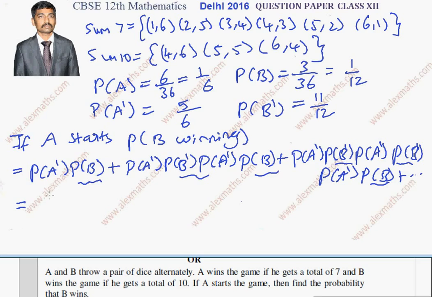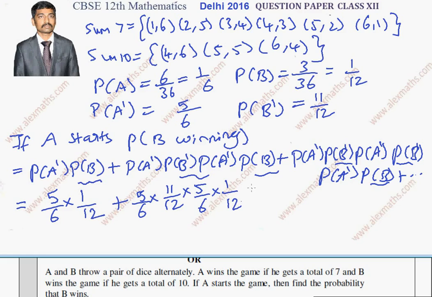Now I am going to put the value of P of A dash, which is 5 by 6, into P of B, sorry, P of B is 1 by 12, plus again 5 by 6 into B dash 11 by 12 into 5 by 6 into 1 by 12.